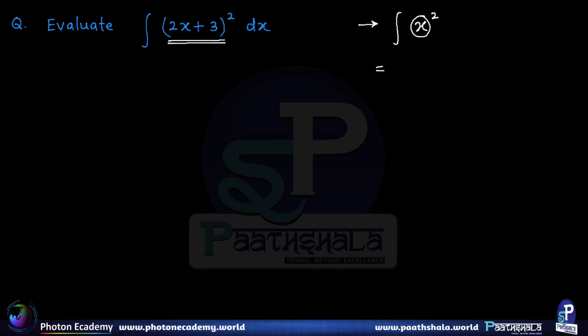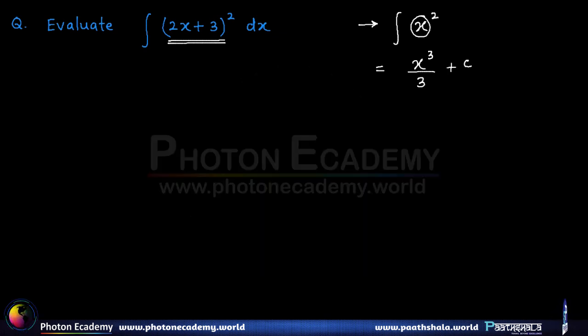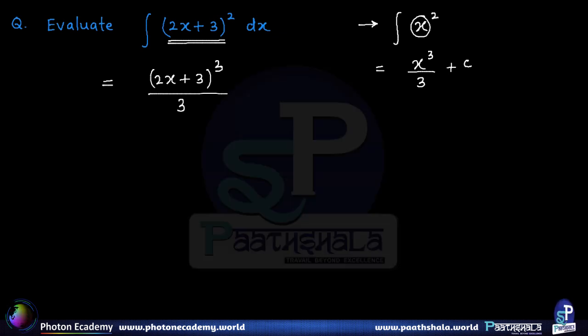Now the integral of x square, as we know, is x cube upon 3 plus c, isn't it? So therefore on similar lines we can write first of all the integral of 2x plus 3 the whole square as 2x plus 3 the whole cube upon 3, isn't it?